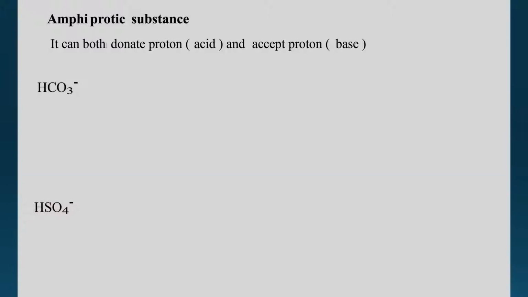Now I'm going to show two examples of how to construct the equation. The first is HCO3 1-. On the top one, you have a base partner. On the bottom one, you have a strong acid partner. So remember, whether amphiprotic is an acid or a base depends on what partner you have.